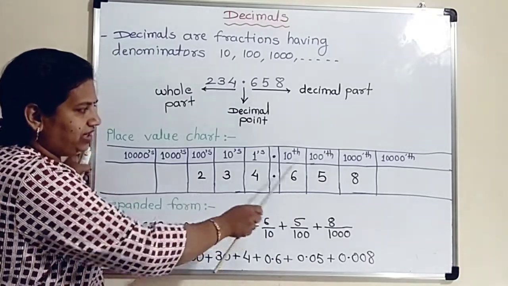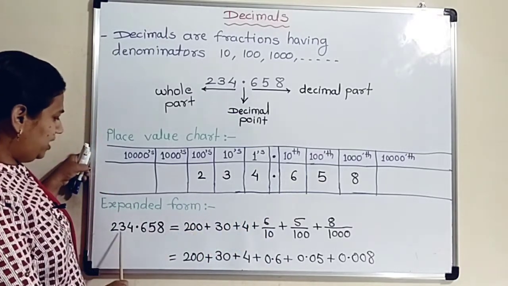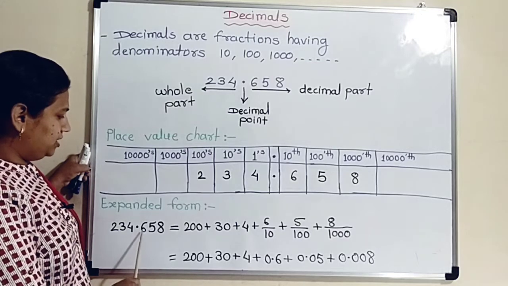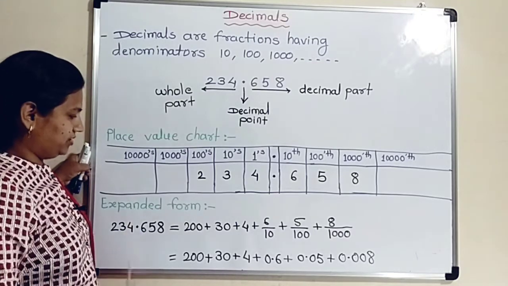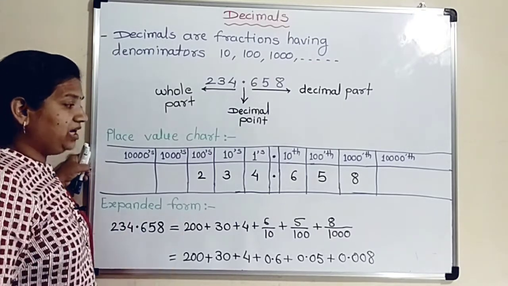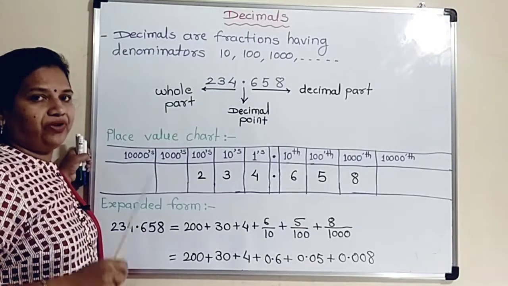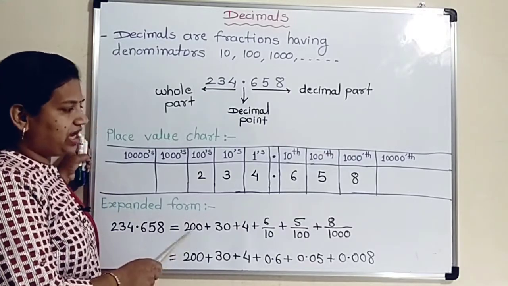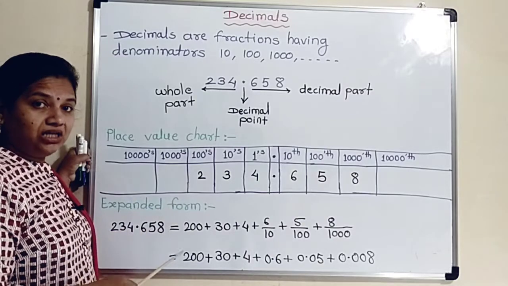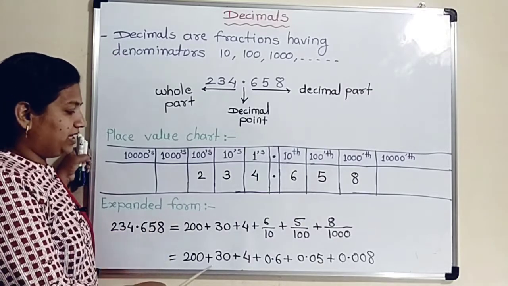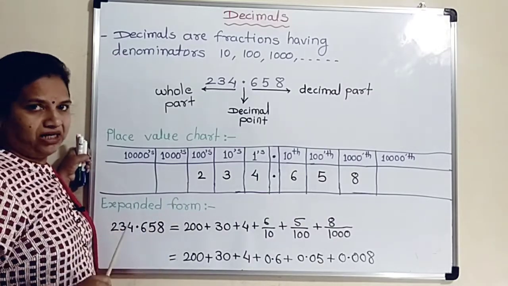Okay. Now here expanded form. As we have taken one example, 234.658. So the expanded form can be written in two different ways. The first one which I have written, it is the fractional expanded form, and this is the decimal expanded form.